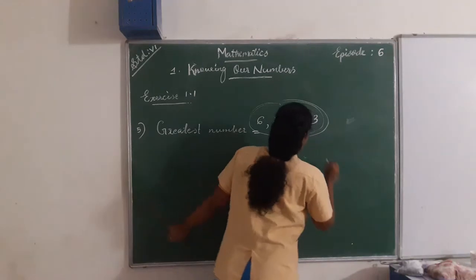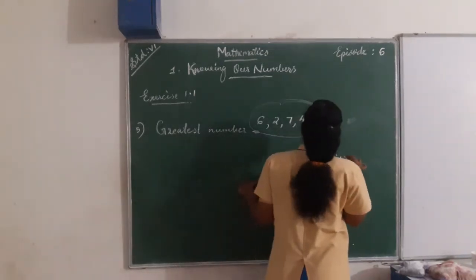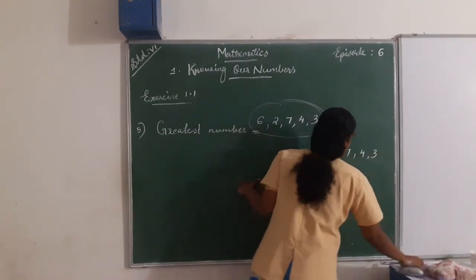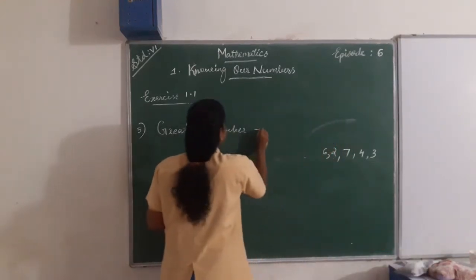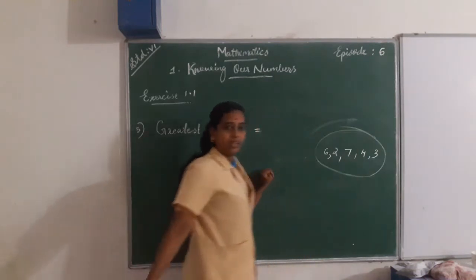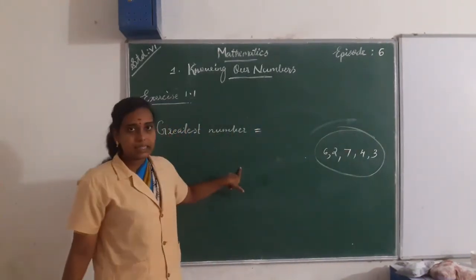Greatest number means the number that can be made using 6, 2, 7, 4 and 3. We want to write the greatest number by using these 5 digits. So first we write the greatest number.